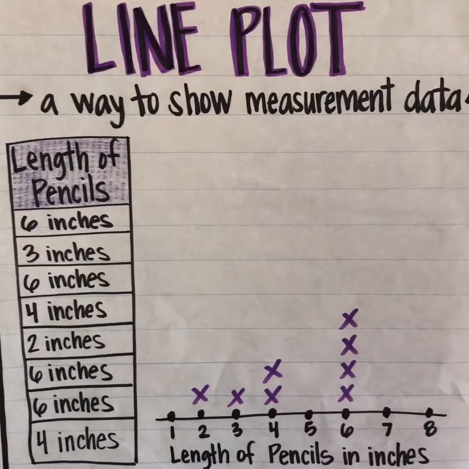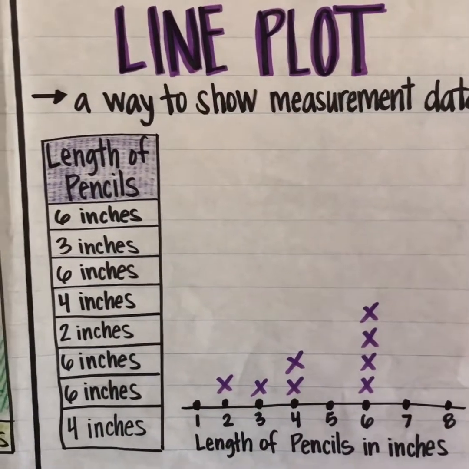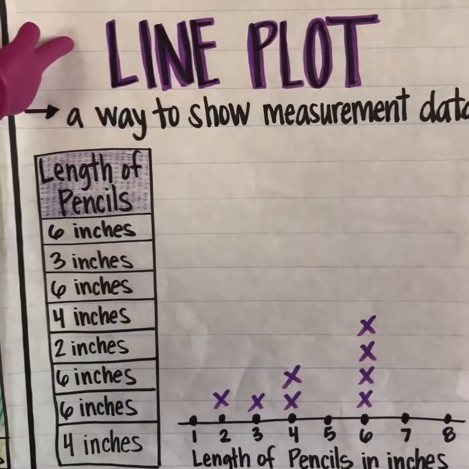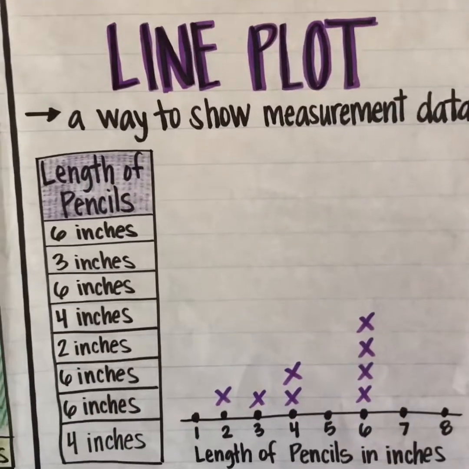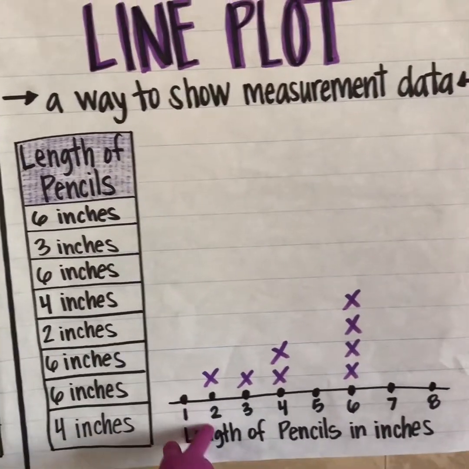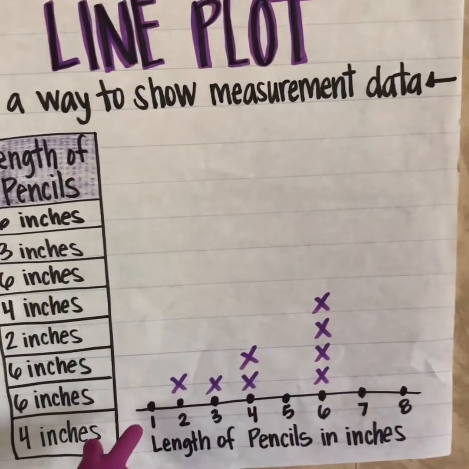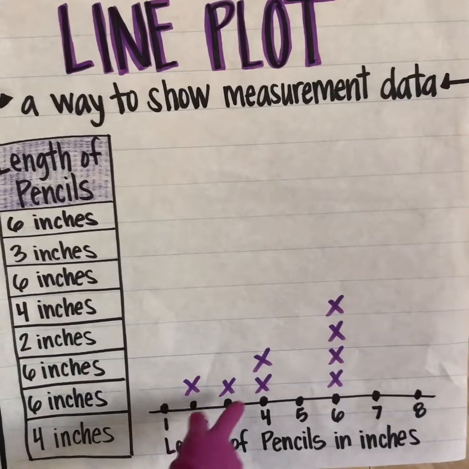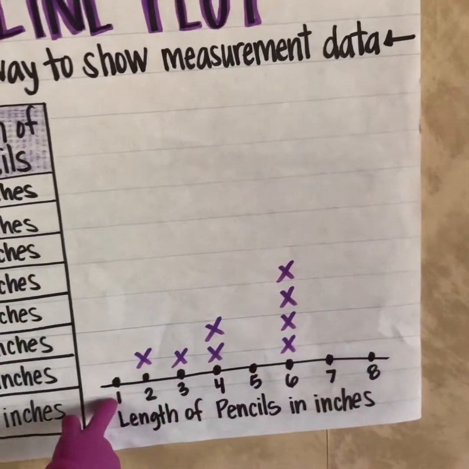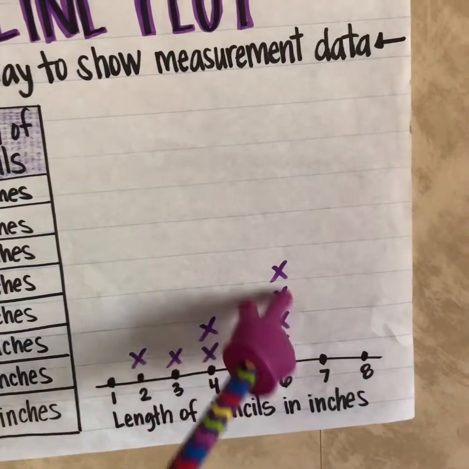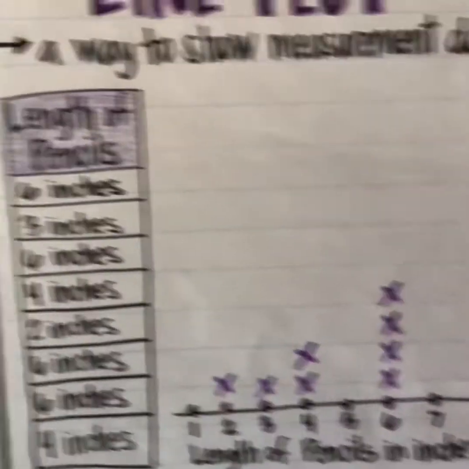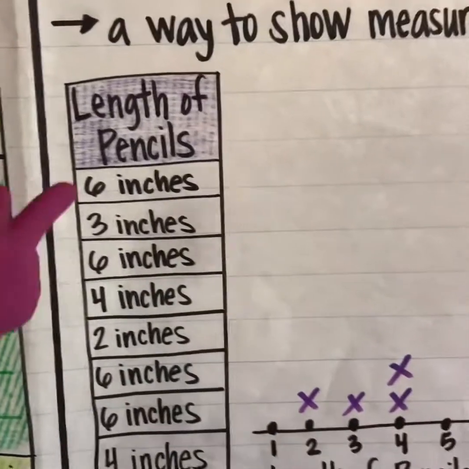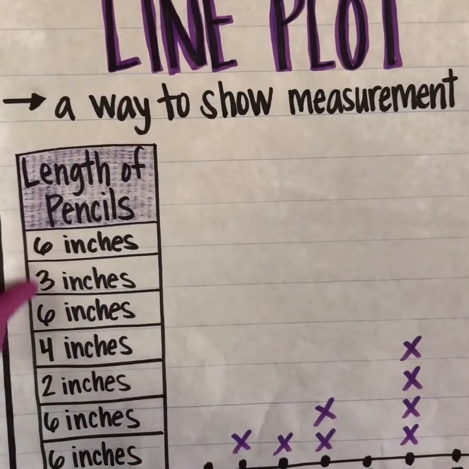Last kind of graph that we will focus on is called a line plot. A line plot is a way to show measurement data. It's displayed by data along a line. You can see numbers in a line with X's on top to show how many votes each got. So here's an example. This is a line plot that shows the length of pencils.